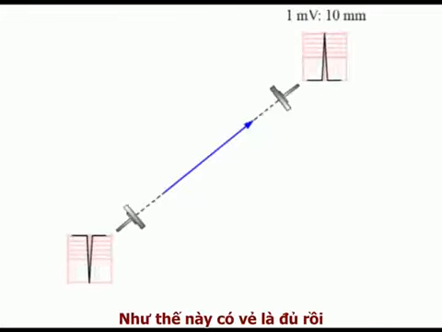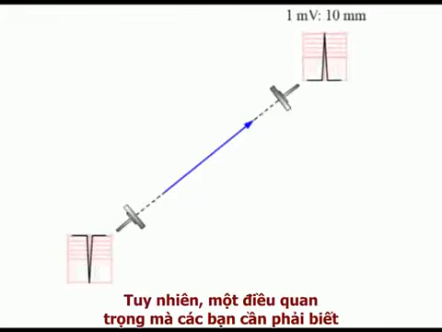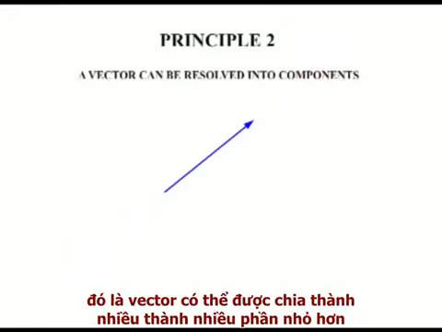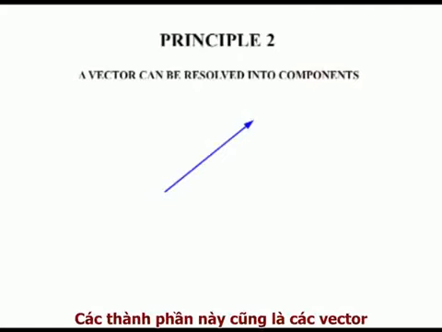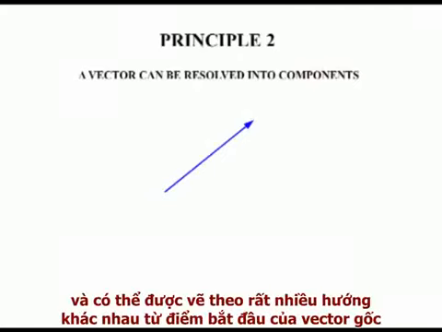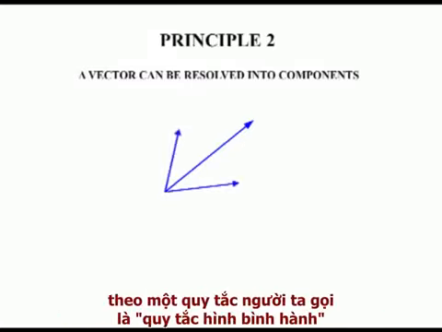This is simple enough. However, it is important to realize that vectors can be resolved into smaller components, traveling in different directions. Components are also vectors and may be drawn in many different directions off the initial point of the parent vector, in accordance with the so-called parallelogram rule.